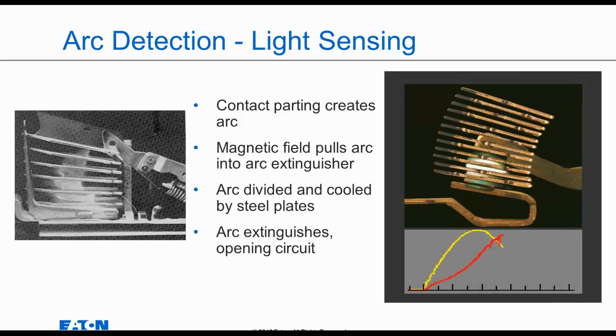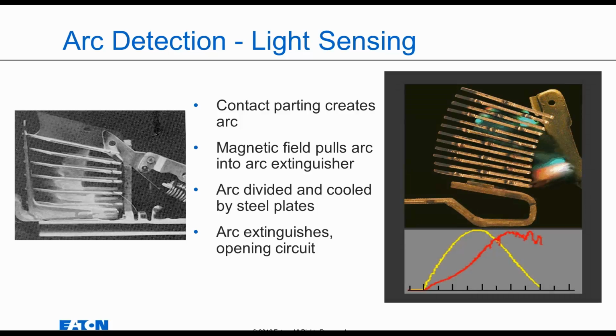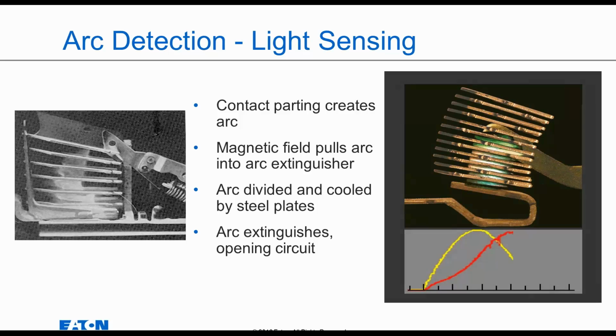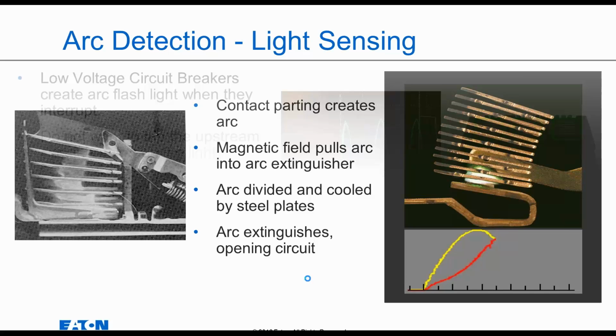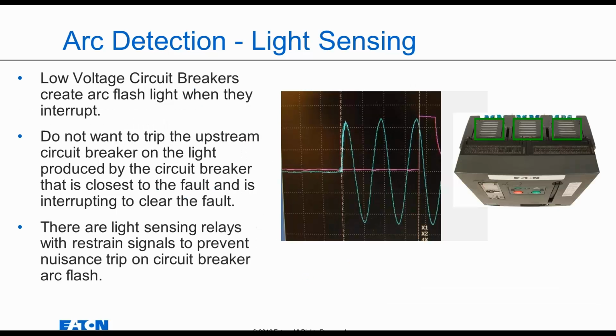As you see in this diagram, the arm of the circuit breaker on that particular phase opens up, and the arc then is pushed into what we call the arc splitter. It is cooled and divided, and that's what really puts out the arc. And so guess what? In an arc flash condition, a circuit breaker will put out arc flash light.